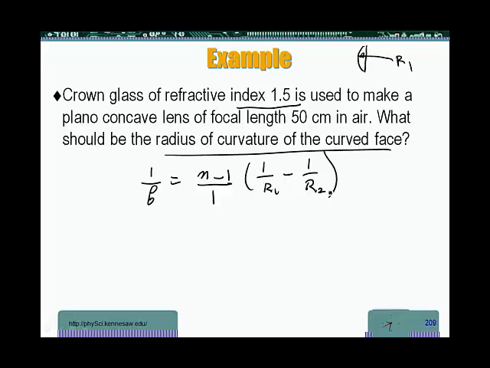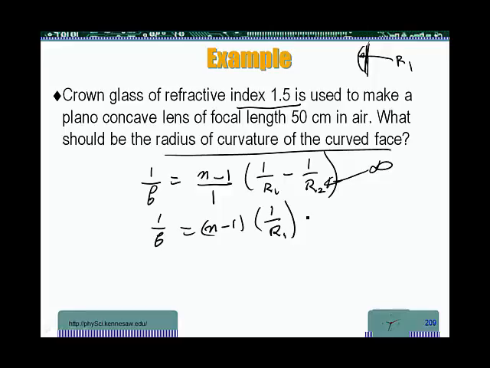Now, since this side is flat, R2 is infinite. So my equation becomes 1 over f is equal to n minus 1, sorry about that, times 1 over R1.